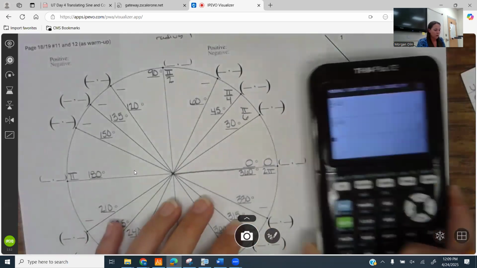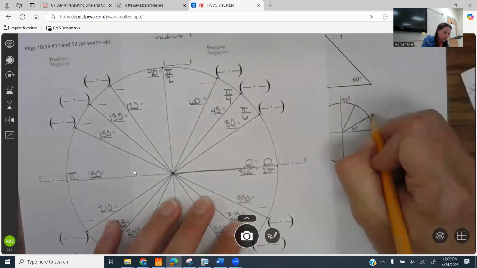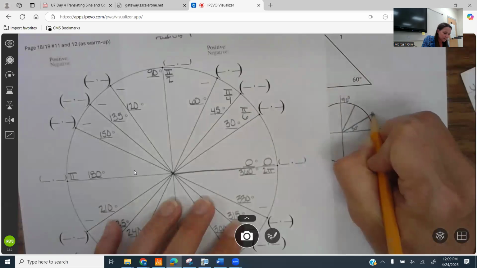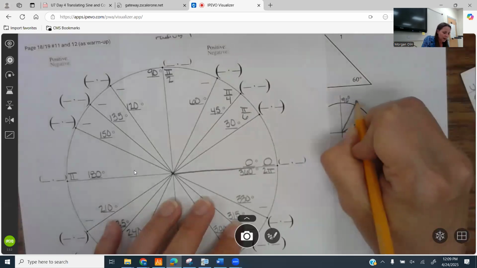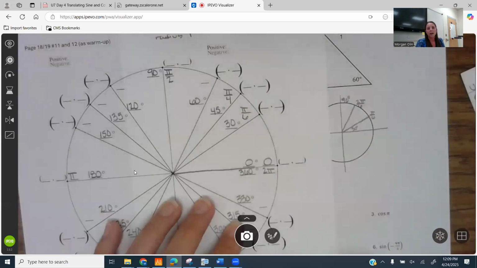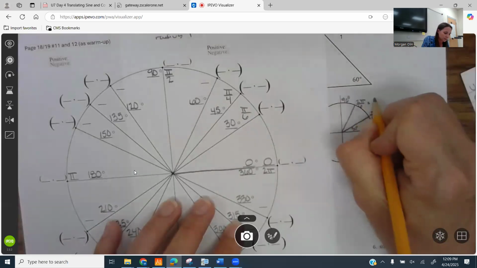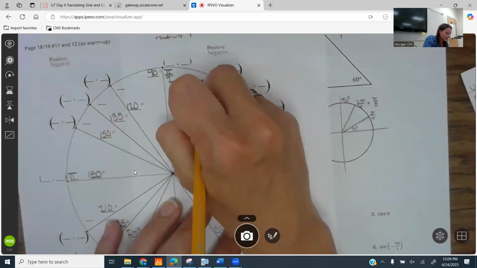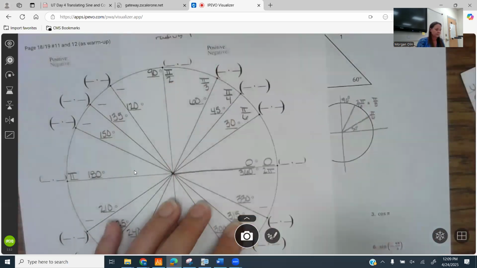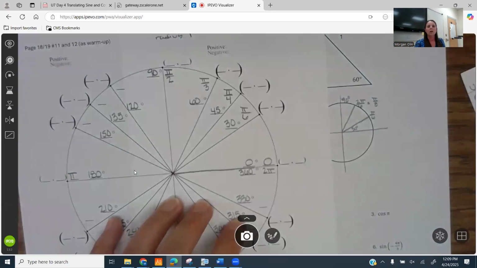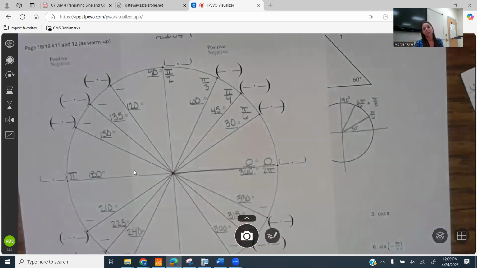But do you notice that if this is 1/6, this would be 2/6 right here? But how does 2/6 reduce? It reduces to 1/3. And didn't we just figure out that this is 1/3 right here? So if you think of this as fractions, you can fill out all of these radian measures.